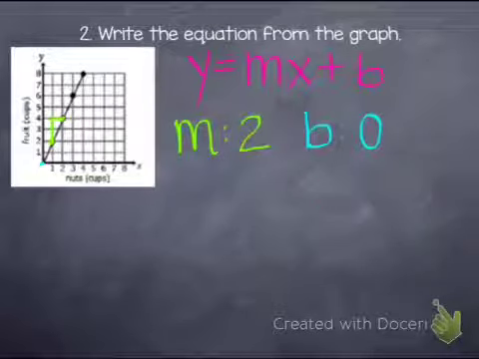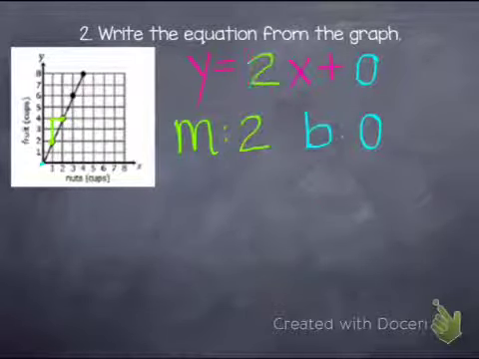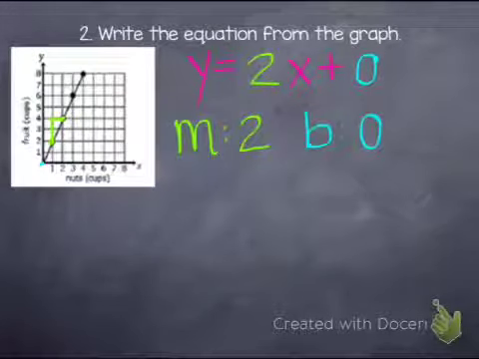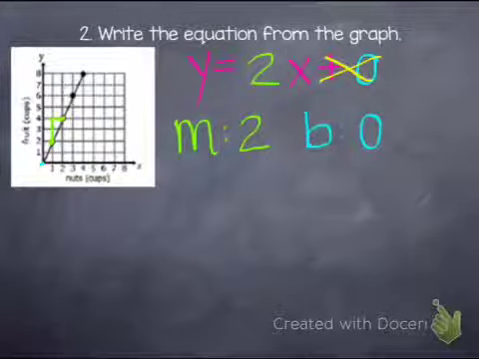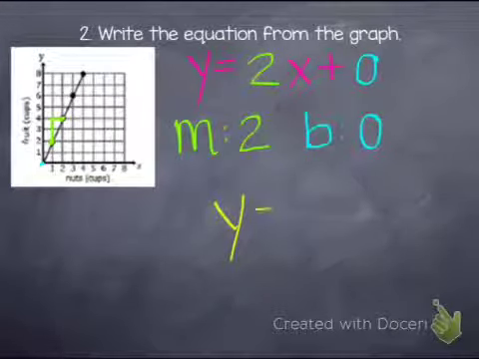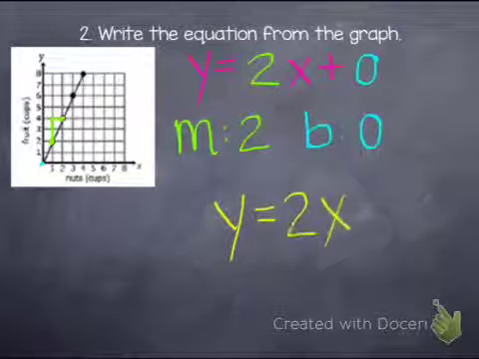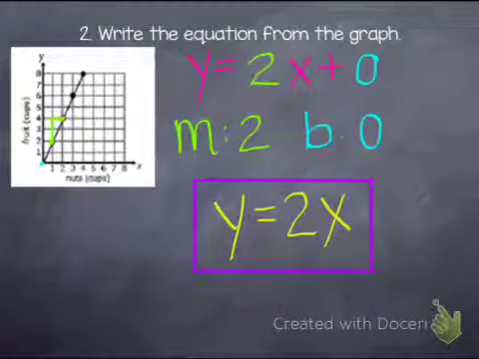So we want to substitute those in, which gives us an equation of y equals 2x plus 0. However, you don't have to include the plus 0. So if you want to write it just y equals 2x, that would be correct also. Either of those answers is correct. The equation for that line is y equals 2x, or y equals 2x plus 0.